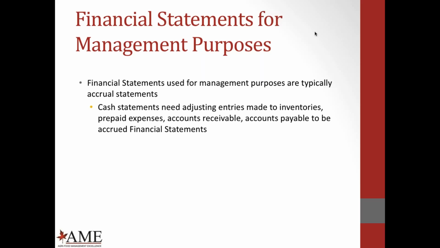So if your year end is December 31st, what is the difference in value in your inventories from last year, December 31st, 2017 to December 31st, 2018. So these are all adjustments that need to be made to make your cash statements an accrual statement. So for sole proprietors, as those of you who are already corporate, those adjustments are made and you can use your financial statements as presented.